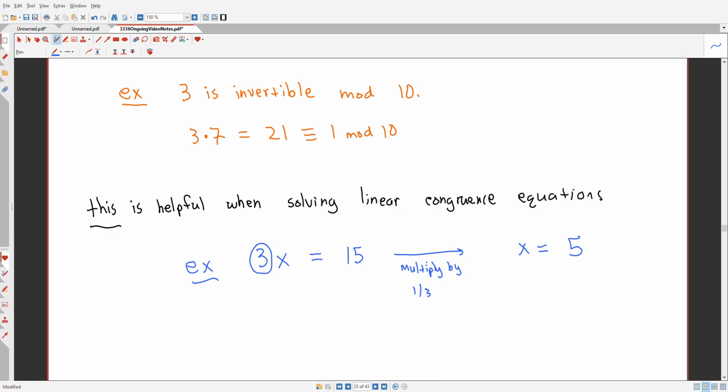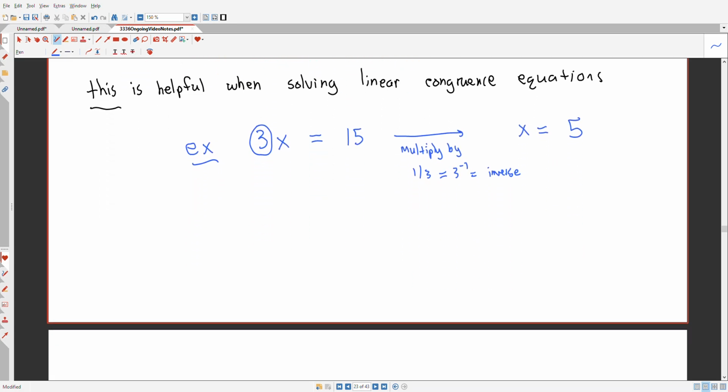And you could be a little nerdier. Probably none of you did this, because maybe the word wasn't floating around in your classroom, but when you're multiplying by 1/3, you're really multiplying by the inverse of 3, the multiplicative inverse. Right, so solving linear equations like this one was all about multiplying by inverses. And that's what we kind of want to mimic for solving linear congruence equations.